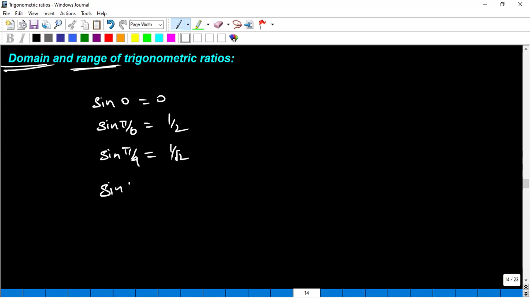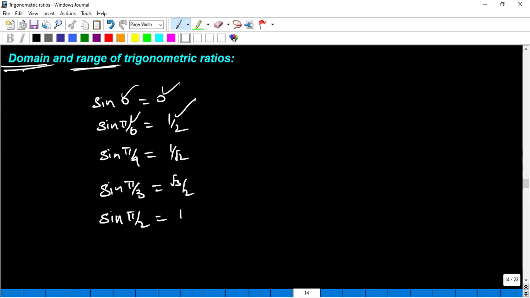Sine pi by 3 is nothing but root 3 by 2. Sine pi by 3 means 60 degrees. Sine pi by 2 is nothing but 1. Just observe, I gave some input, I am getting some output.